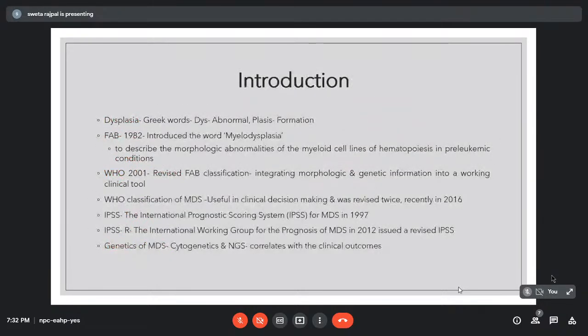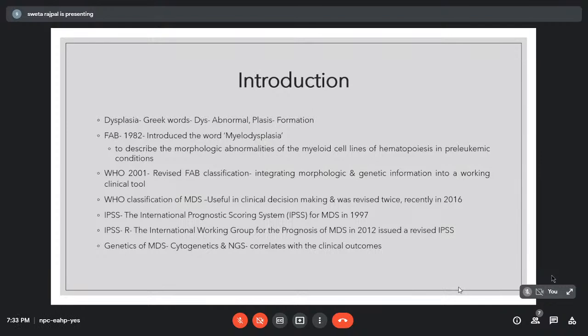The word myelodysplasia came from Greek words: myelo meaning abnormal and plasis meaning formation, and it was first introduced by the FAB classification in 1982 to describe the morphological abnormalities of myeloid cell lines of hematopoiesis in pre-leukemic conditions. WHO 2001 revised this FAB classification by integrating the morphological and genetic information into a working clinical tool, and after that it was revised twice, and the latest one was put forward in 2016 by WHO.